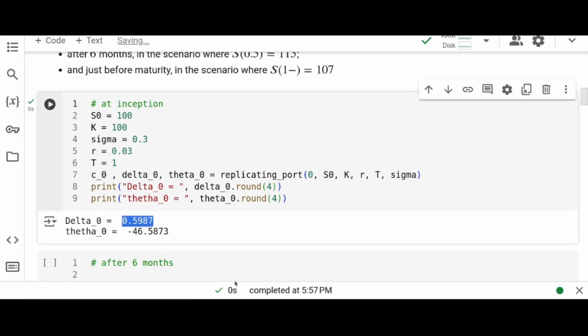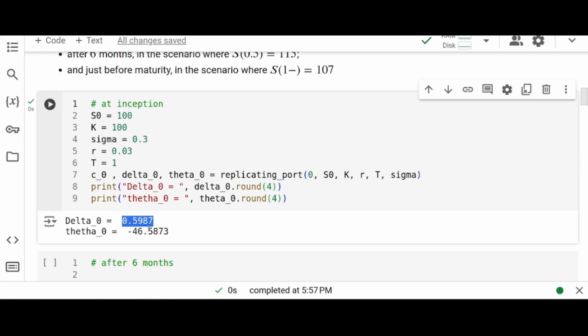We have to be in a position of this proportion for each share, 0.5987. That means if the institution sells 1,000 call options, then this multiplied by 1,000 will be the position of the institution in the share.